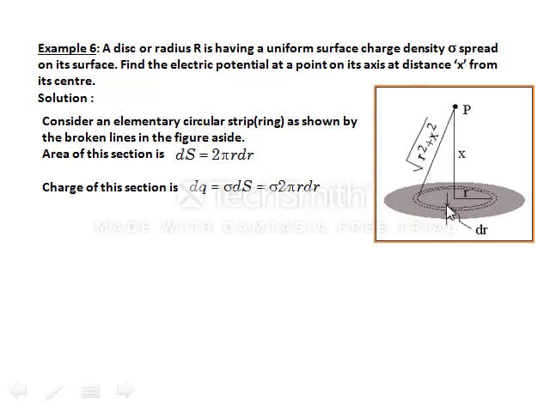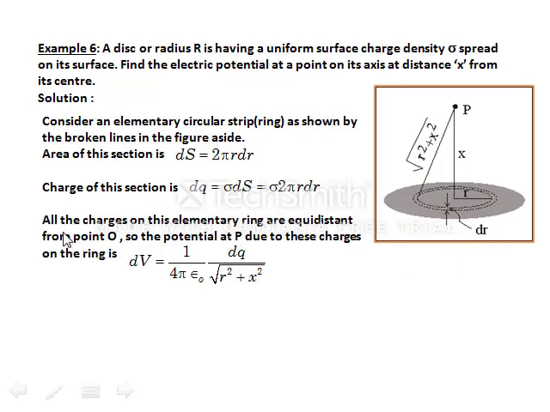Here also, instead of q, we'll use dq because this elementary ring has charge dq. So the potential dV at this point due to this section is 1 by 4 pi epsilon naught, the constant, charge of the ring dq by root of r square plus x square.